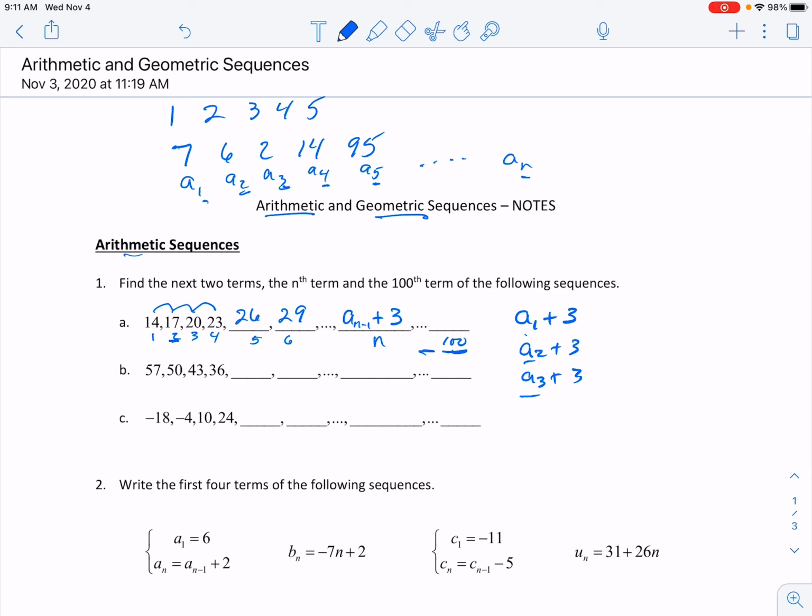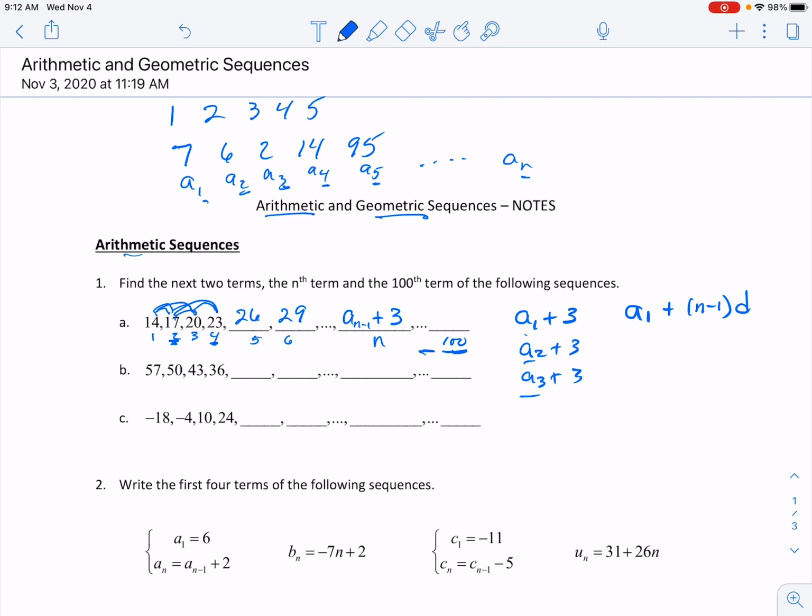So I'm going to come up with a pattern. How did I do it? Well, I added 3 once, I added 3 twice, I added 3 three times. So the second term I added it once, the third term I added it twice, the fourth term I added it 3 times. So I've got A1 plus n minus 1, the term, times the common difference.